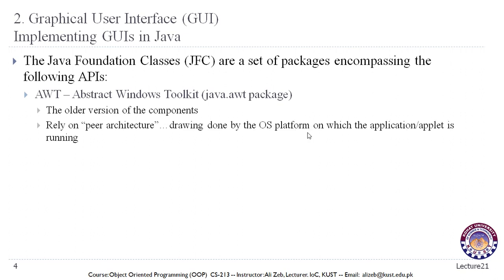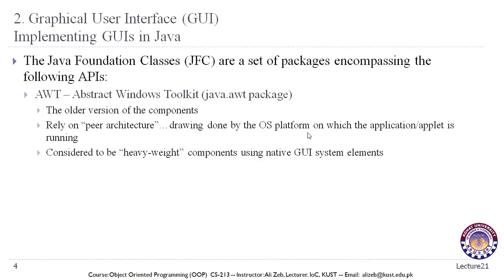The older version of the components rely on peer architecture, with drawing done by the OS platform on which the application or applet is running. So it is basically dependent on the operating system that we are using. It will match the graphical designs of the operating system that we are using. They are considered to be heavyweight components using native GUI system elements.